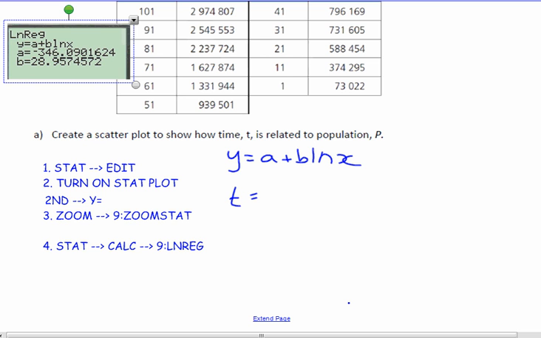All right, what's the a value? Negative 346.09 plus the b value, 28.96. Natural log instead of x, what variable are we going to use?